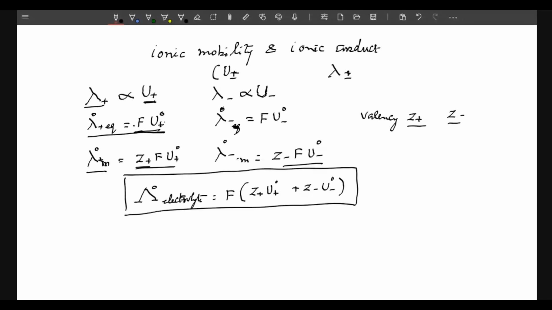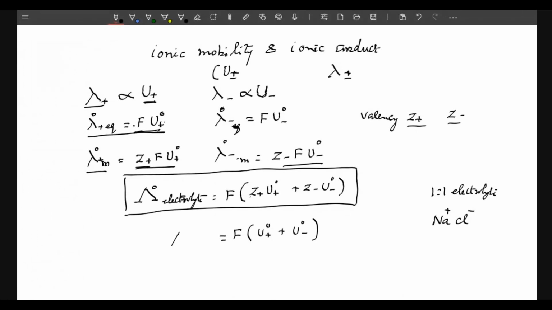For a 1:1 electrolyte, we can call it sodium chloride, the charge is +1 and -1. If you put the Z plus and this one, F is equal to the charge, which is +1, therefore U plus naught and U minus naught.